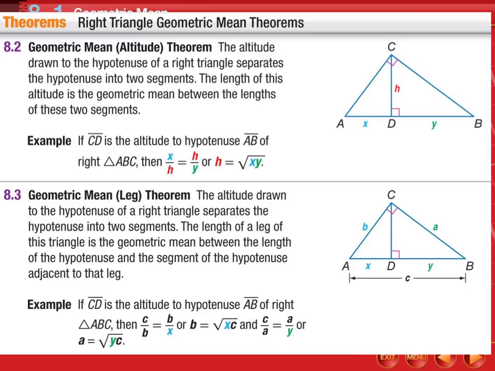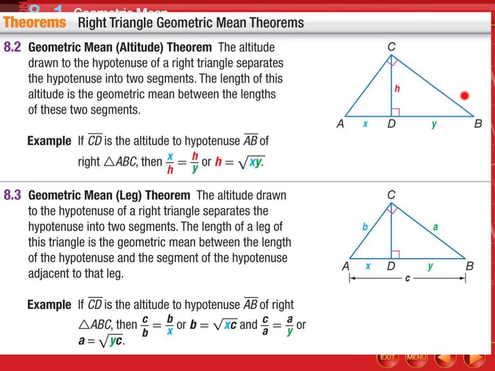Okay, here are two important theorems, and they arise when we write our proportions. The first one is the geometric mean altitude theorem. So here we've labeled this altitude h for height.